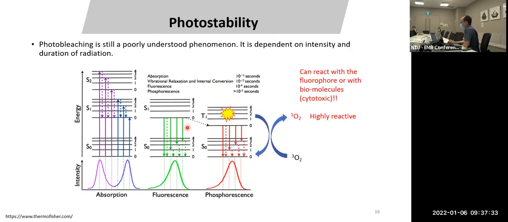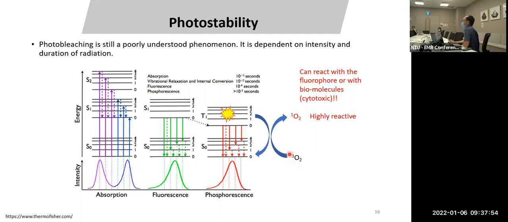Remember that if you excite your fluorophore for a long time or using high intensity power, some of them will go to the triplet state. And in the triplet state, it can react with oxygen.